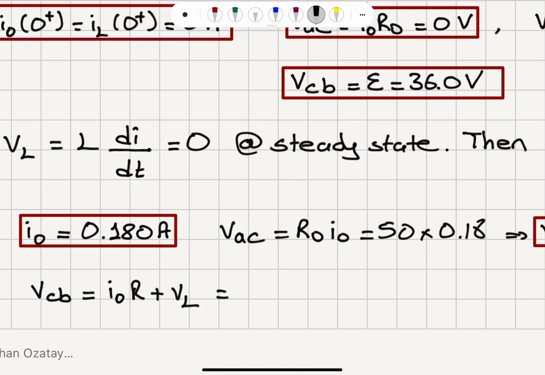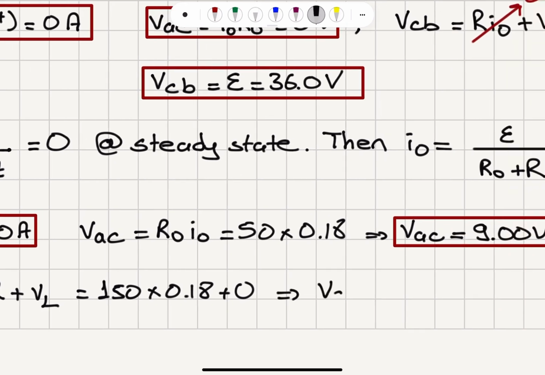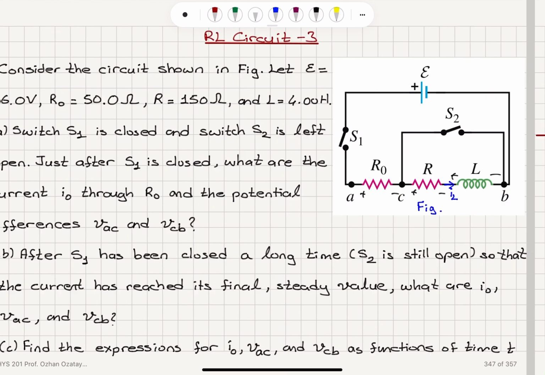So this is going to be 150 times 0.18 plus 0, which gives me a VCB value of 27 volts. So I know the limiting values of both voltages VAC and VCB and I0 right after the switch was closed and a long time after the switch was closed.